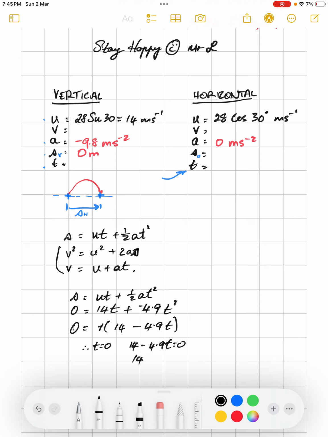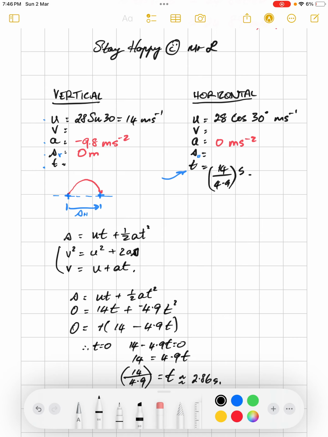Therefore, 14 equals 4.9 T, and then divide by 4.9, T equals 14 over 4.9. That's the time it's back to its start. So we've got the T, which is good. 14 divided by 4.9 gives about 2.86 seconds. I'm going to leave it as 14 over 4.9 because that's exact.